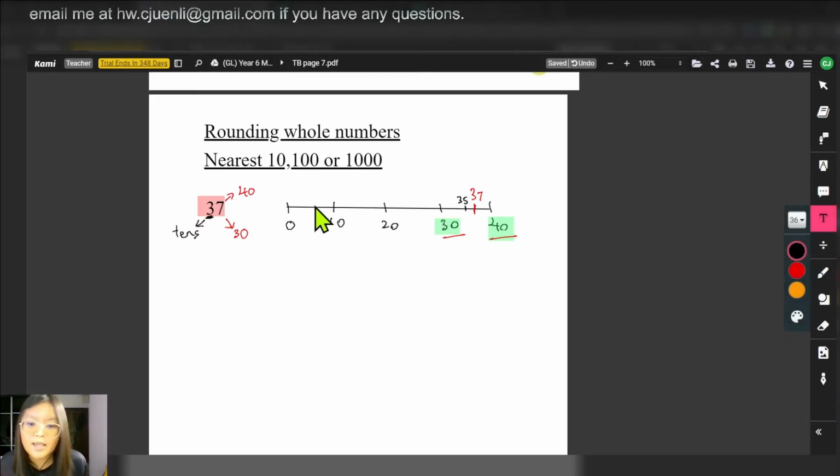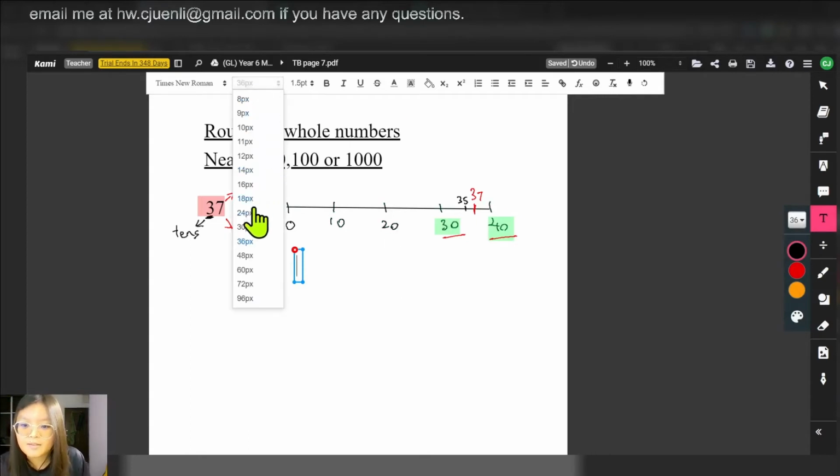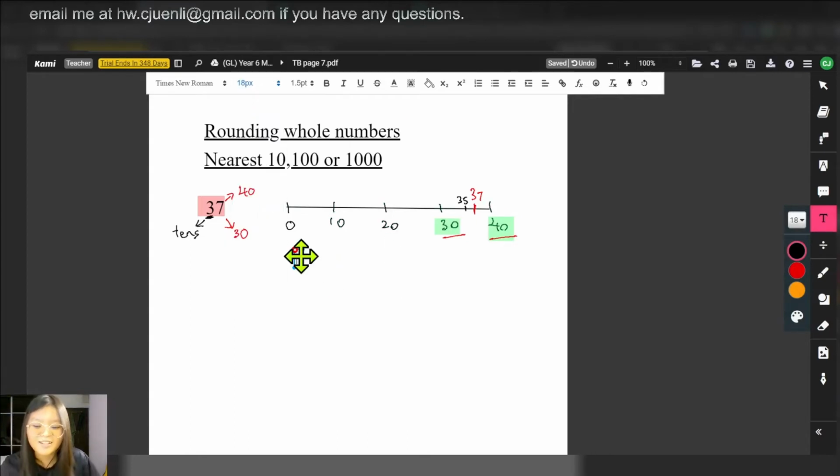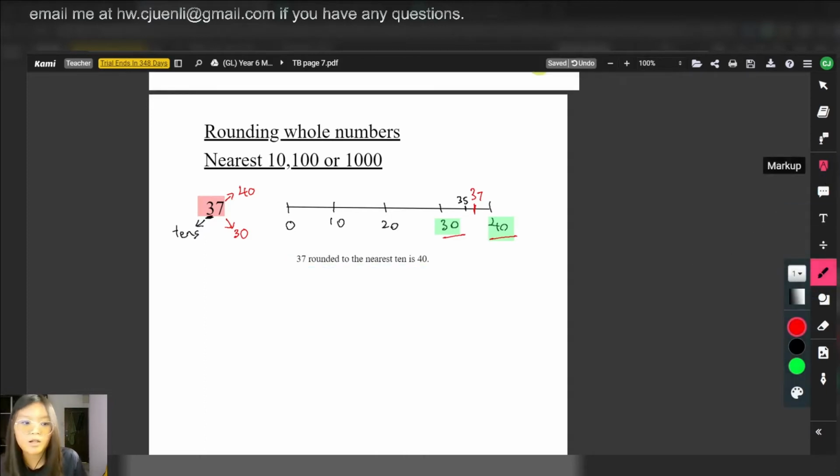So in this case, you can actually say that 37 rounded to the nearest 10 is 40 because it's closer to 40 than 30, right? So this example would be for the nearest 10. We're going to look at the nearest 10 for this case.